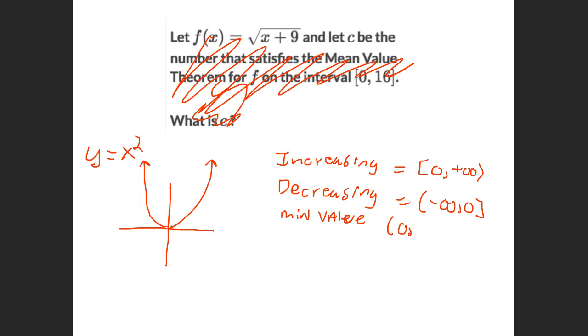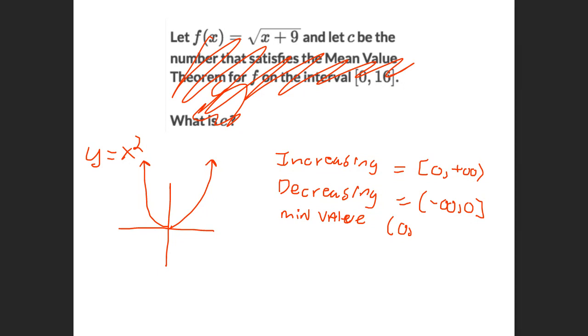Okay. Intervals are always x values, not y values. So if I'm saying where is it increasing, we look at the x-axis between 0 and infinity. This is negative infinity here. So it's decreasing from negative infinity to 0. It's increasing from 0 to infinity.